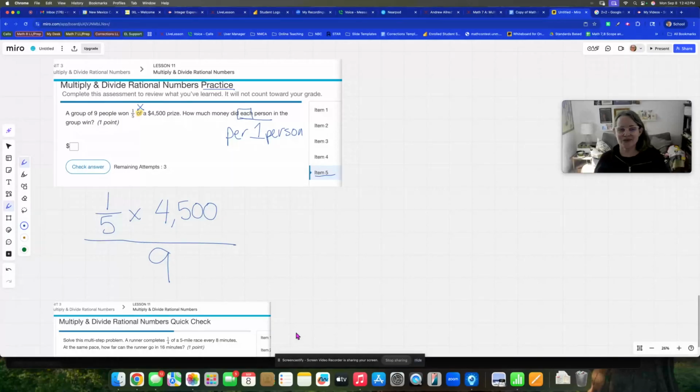So I'm writing it over 9, or I could write it as dividing by 9. So if I wanted to do that, I'd just say 1/5 times 4,500 over 1 divided by 9 over 1.